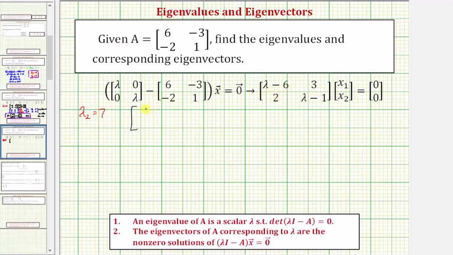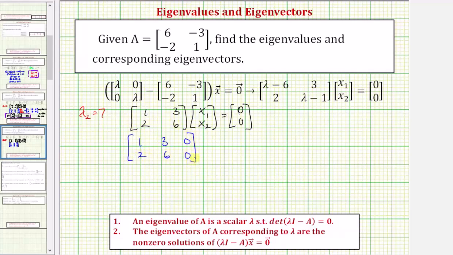So 7 minus 6 is 1, so we have 1, 3, 2, and 7 minus 1 is 6. Again, let's write this as an augmented matrix and write it in reduced row echelon form. So the first row would be 1, 3, 0. The second row would be 2, 6, 0.